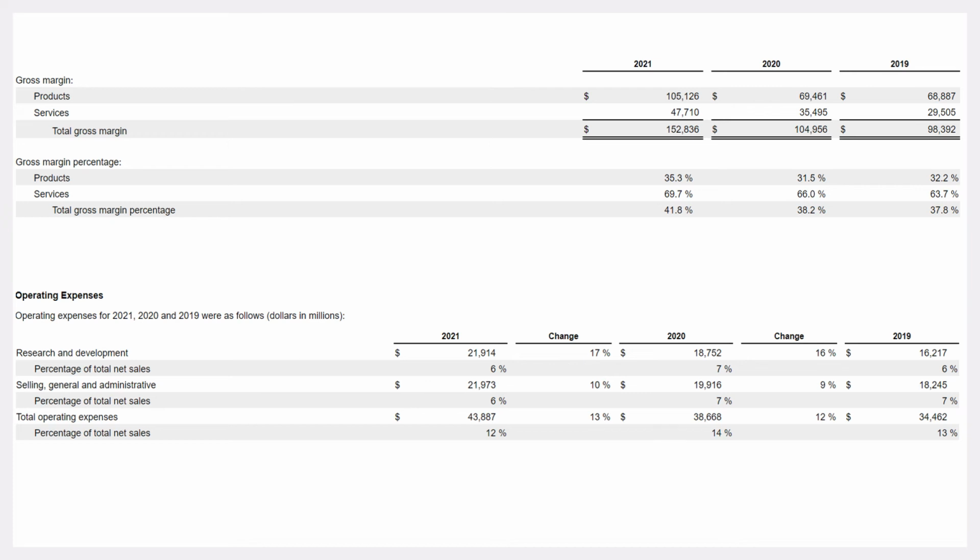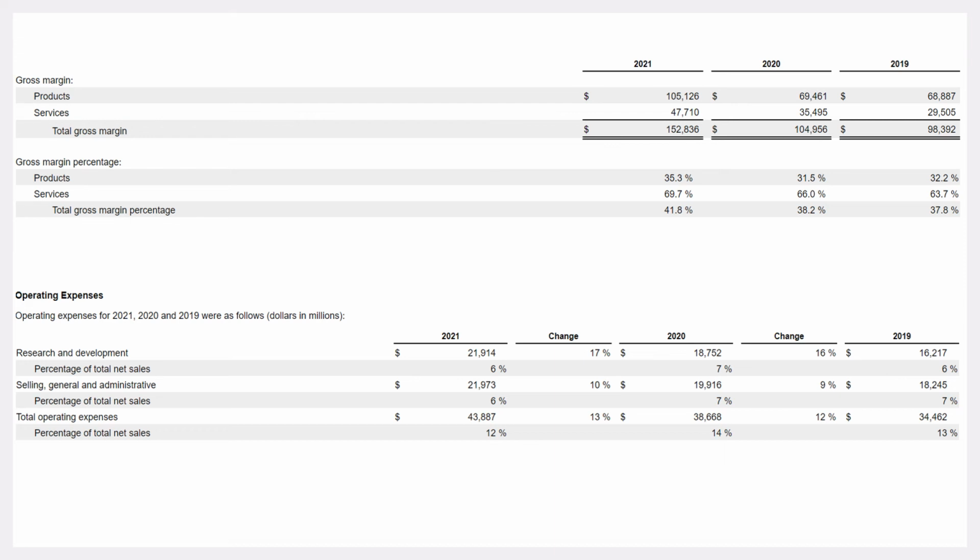Something I like to do is look not only at gross margin by segment, but also compare that with the growth rate of the gross margin by segment, and then the sales growth rate by segment. You can even take a step further and break it out by geography, by a specific product.